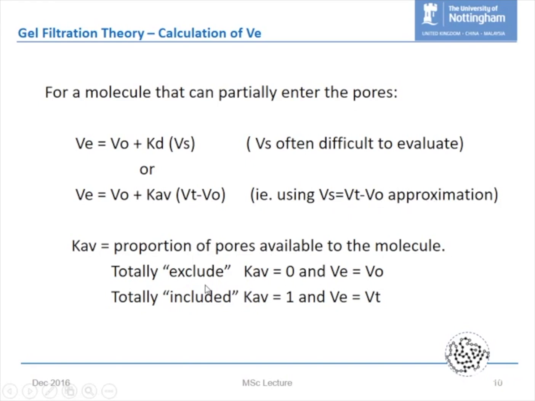And I think basically what I've said to you there, this KAV, is the proportion of pores available to a molecule. We've spoken about total exclusion, total inclusion, and when you come to those situations, then KAV is 0 in the first instance and is 1 when it's totally included.